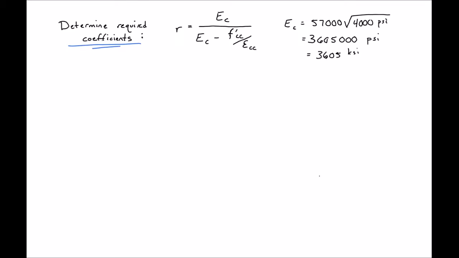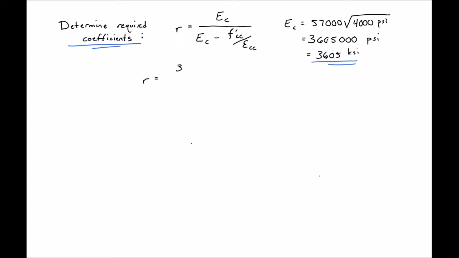So finally we need to determine our last required coefficients, specifically this R coefficient. So our R will require our modulus of elasticity, which you can see I found to the right here, just using the simple ACI expression. So then we can plug in and find our R value. Make sure that you use consistent units for this value.